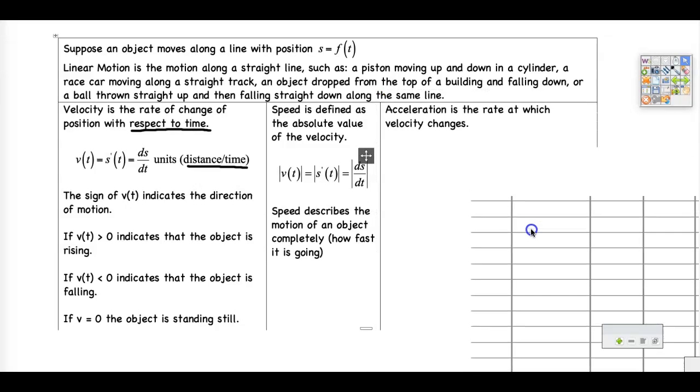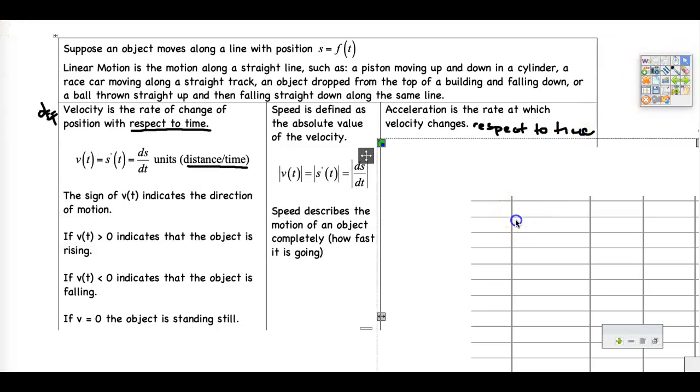And then the acceleration is going to be the rate at which your velocity changes. So look at this definition. The velocity is the rate of change of your position with respect to time. Your acceleration is the rate at which your velocity changes, and let's be thorough that this is also with respect to time.